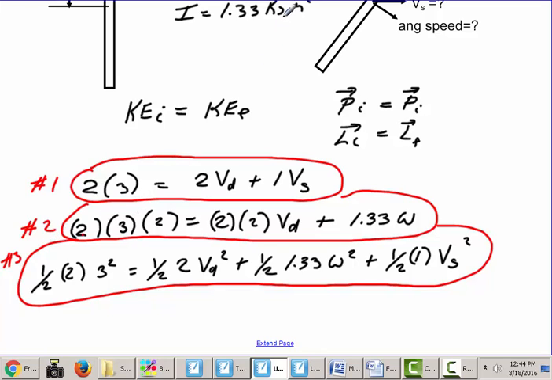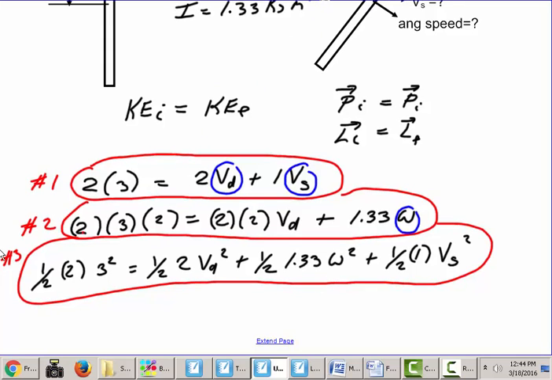All right, so if you notice here, we have how many unknowns? We have one here, and one here. We have three equations and three unknowns, so obviously we can solve this. I'm going to take the first equation and start simplifying it. Here I would have 6 is equal to 2VD plus VS. I'm going to solve for VS. So VS is equal to 6 minus 2VD.